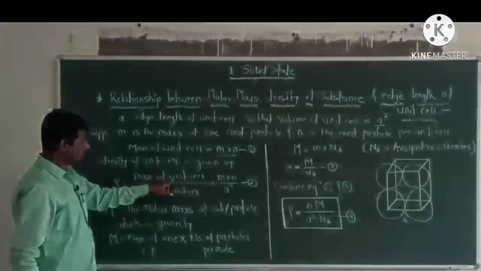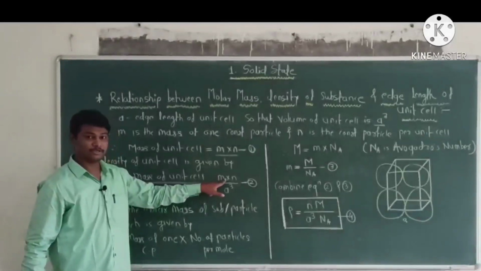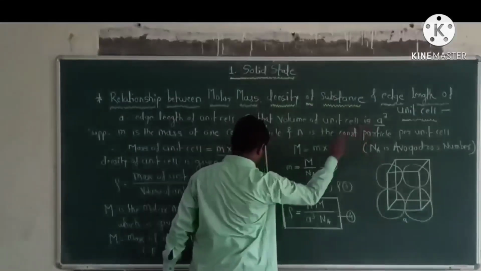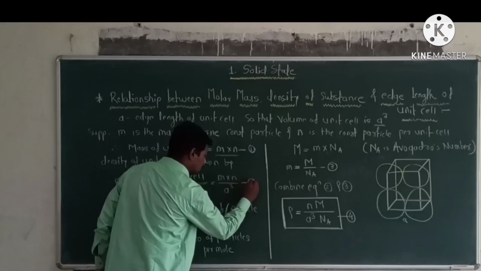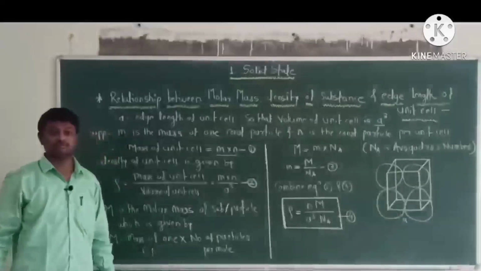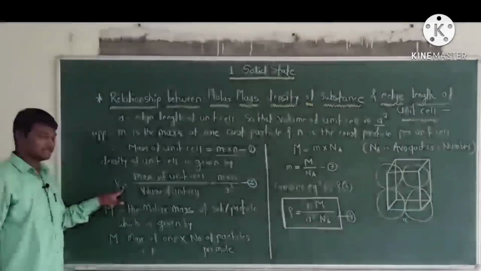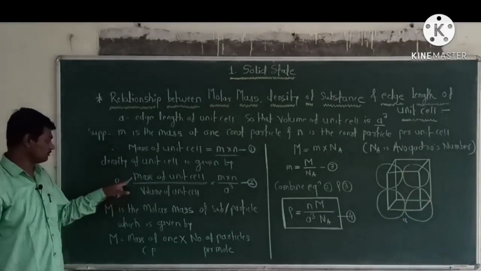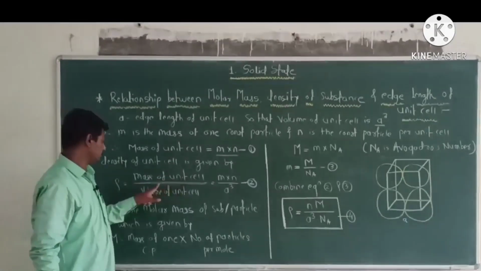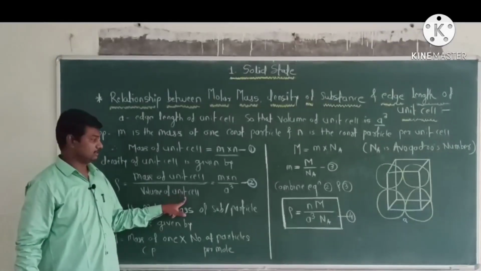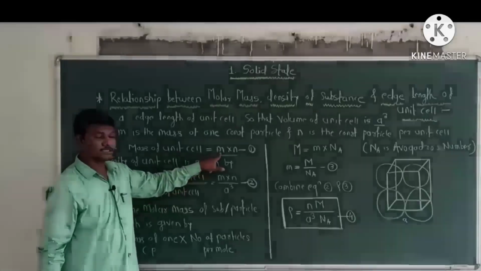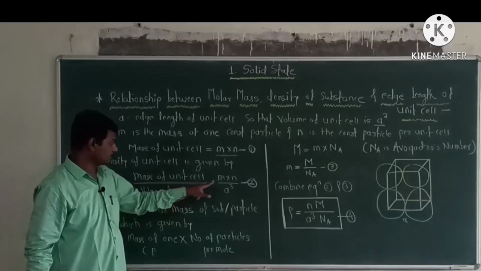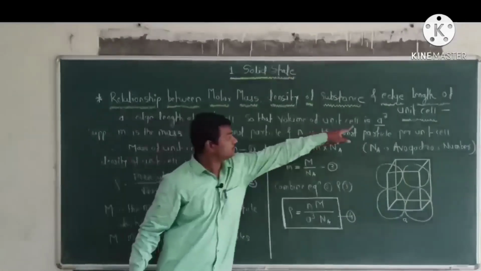The mass of unit cell is m into n, and the volume of unit cell is a cube. This is equation number 2.